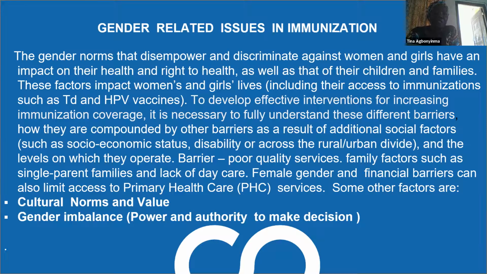So these gender issues have actually affected coverage because most of the children we are targeting are mostly in the hands of these women. So we are looking at how we can, as a team, look at that aspect of immunization barriers, where we can have women have power to make decisions to take their children for vaccination. Next slide.